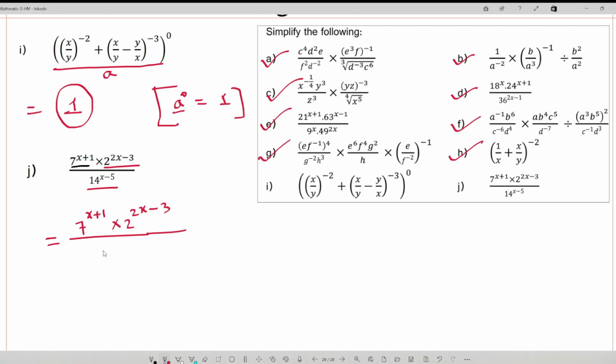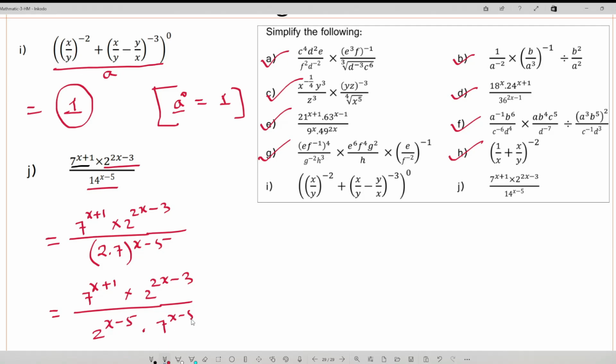And this 14 we can write as 2 times 7, it means 14, and here is x minus 5. So below we can write 2 to the power x minus 5 times 7 to the power x minus 5. Right?